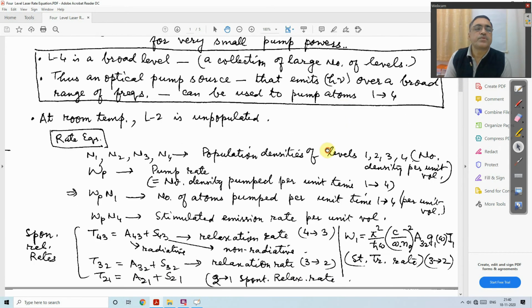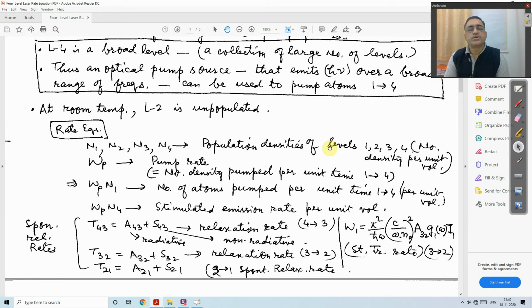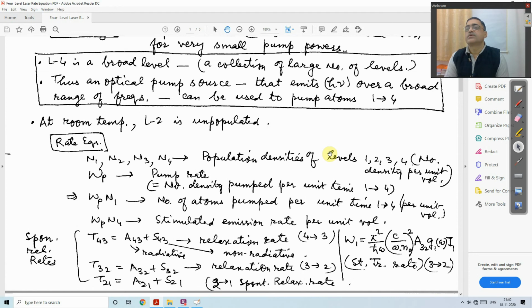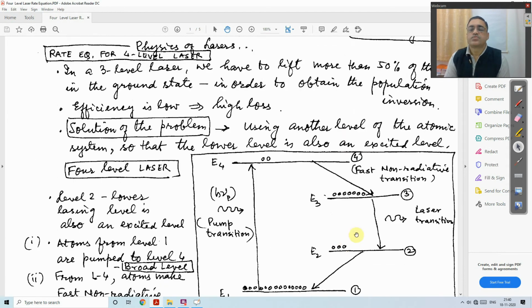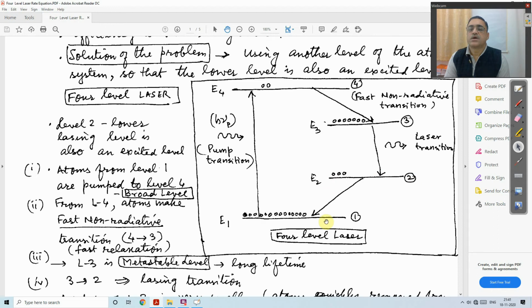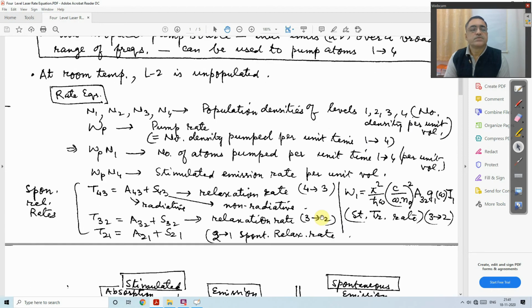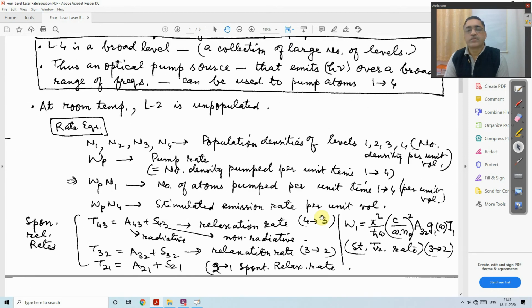At room temperature, level 2 is mostly unpopulated. This is a major requirement. Now you see we have four quantities, N1, N2, N3, N4, which represent the population densities of levels 1, 2, 3, 4 respectively.